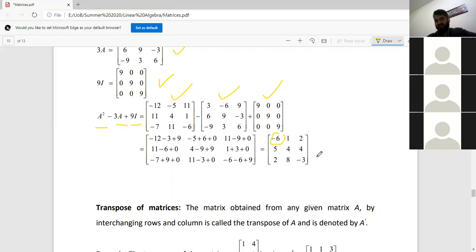Similarly, you can add all of them and you will get a 3 by 3 matrix, which is A square minus 3A plus 9I. Okay? Got this idea? Anyone? Any questions? Getting everything? Yes or no? Okay, good.